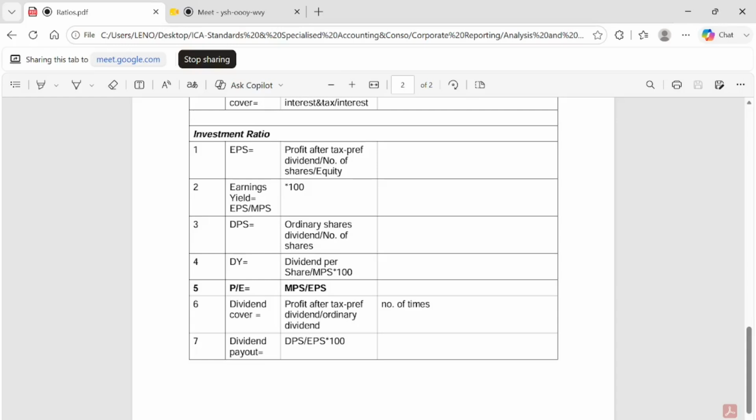So how much is the dividend that is going to be paid out yielding to the ordinary shareholder? Maybe if it is 50 pesos that they are giving out, 50 pesos over the market price per share will give us, in percentage terms, how much your investment per share that you bought is giving you. Maybe 8% on your investment. That is what this means.